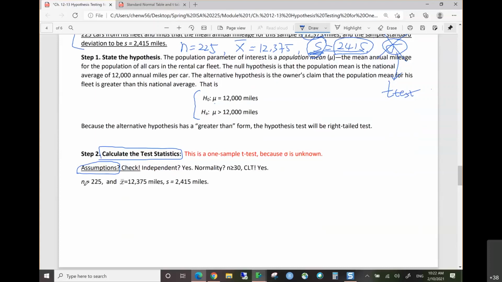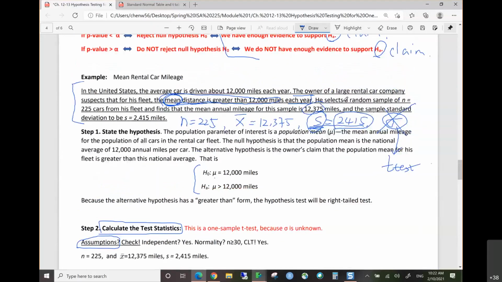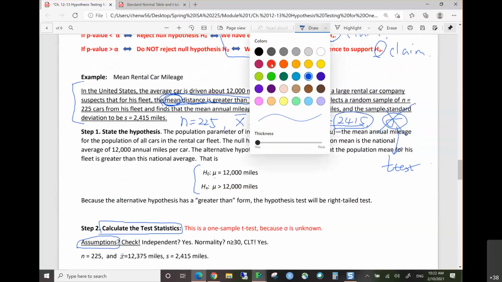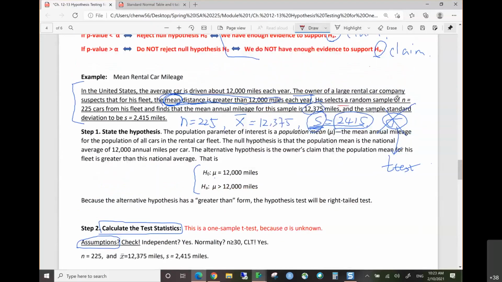In this case, we need to check the independence assumption and the normality assumption. For independence, first, the sample is randomly selected, so it's checked.